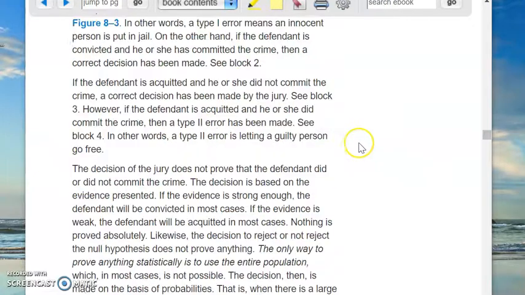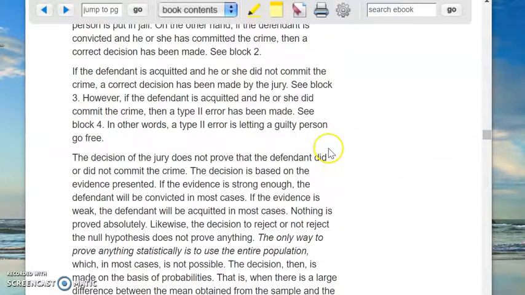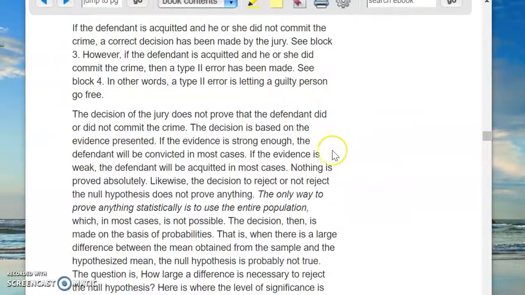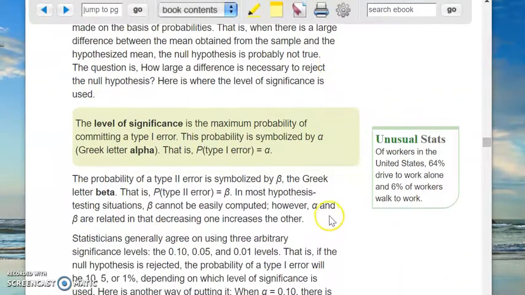Or it must be true that the pulse rate went up. I don't think that could have been caused by just mere chance, but it could have been, and you made a mistake because the null hypothesis is not false. The null hypothesis is true, but you rejected the null hypothesis. Okay? Well, that's going to happen some of the time. How often does it happen? That's your alpha. That's your type 1 error.